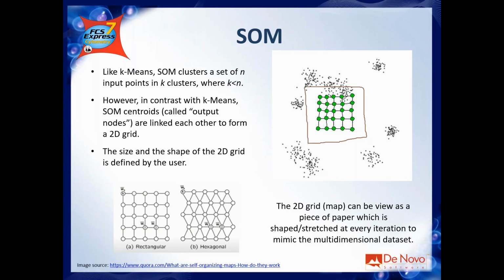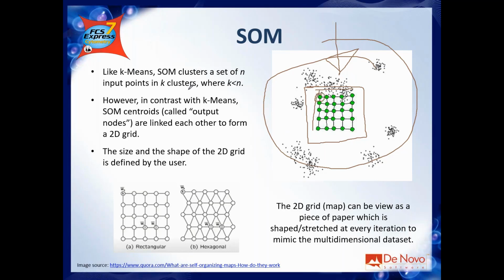Okay, this is the self-organizing map. You decide the size of the grid. In this case, it's a 5 by 5, and you decide where to place this grid. In this case, this grid is placed more or less in the center of your data set. Now, each of the nodes of this grid is basically a centroid.